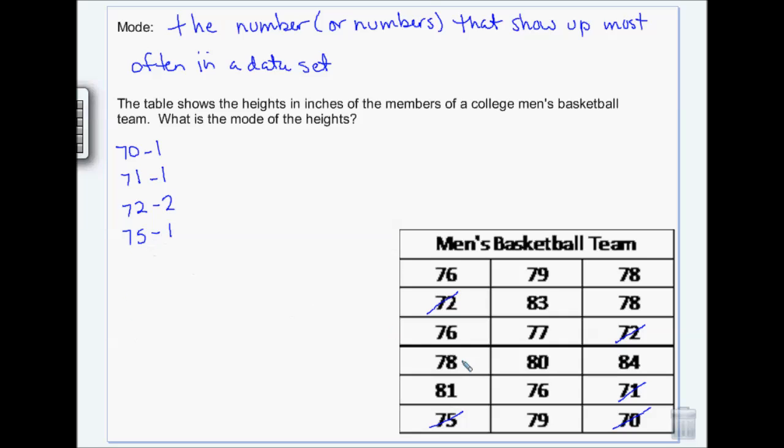There's only one of those. 76, I have 1, 2, 3. 77, I have 1. 78, I have 1, 2, 3. 79, I have 1, 2. 80, I have 1. 81, I have 1. 83, I have 1, and 84, I have 1.